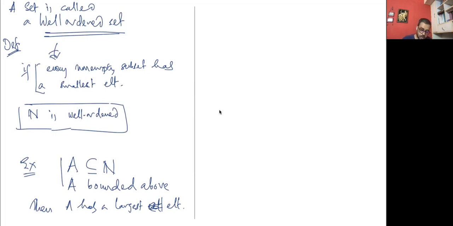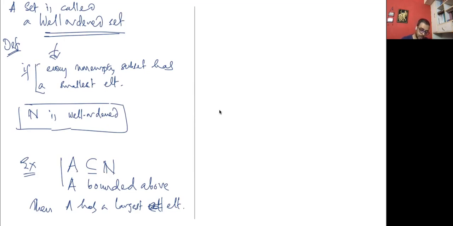So you can either try to prove it directly by using similar properties, or another way would be, now that we have shown that N is well ordered, try to reduce it to a statement about N being well ordered.